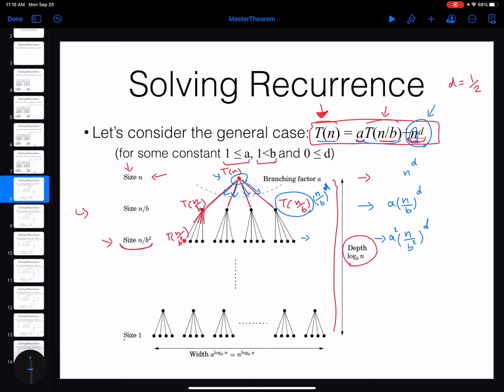Okay, so if I wanted to write down a more general formula, for example at level t, it will be something like a to the power of t times n divided by b to the power of t, all to the power of d. You can see that this power here and this power here is the same, right? I am going to take that part out.